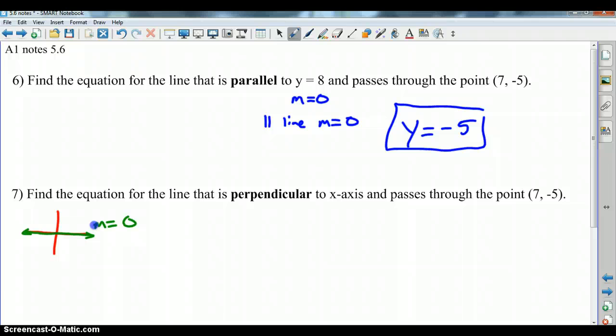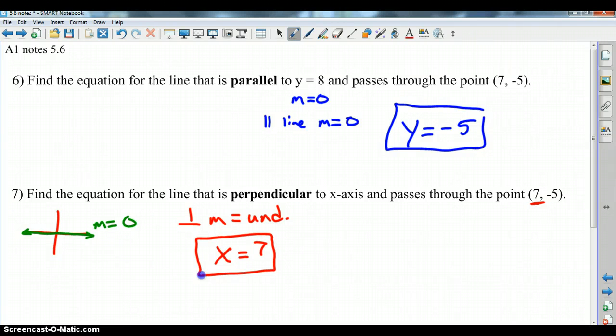And again, perhaps more important than knowing the slope is knowing that it's a y equals equation. This says we're looking for the perpendicular line, however, and perpendicular to a slope of 0 is a slope that's undefined. And again, perhaps more important than knowing the slope is undefined is knowing that it has to be an x equals equation. Now you'll note we've used the same ordered pair, 7, negative 5. It's x equals 7. It's a vertical line at 7.